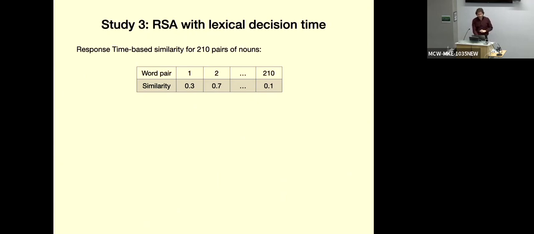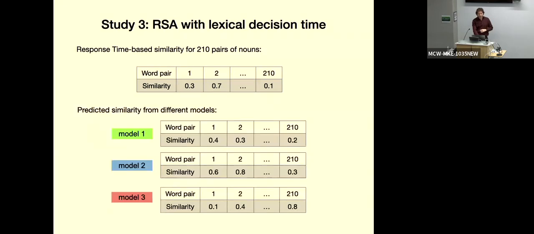So from those patterns of response times, you can tell for each pair of words how similar they are, in terms of the difference in response time between the two primes for the same target. And then you have a response time-based dissimilarity matrix that you can compare to the similarity matrix predicted by each of the different theories or models.